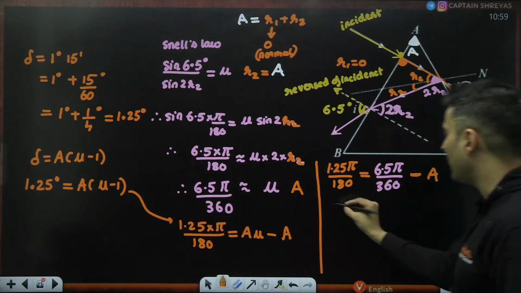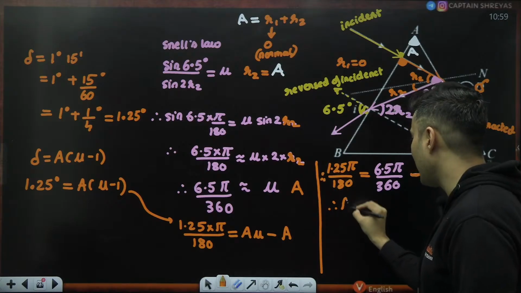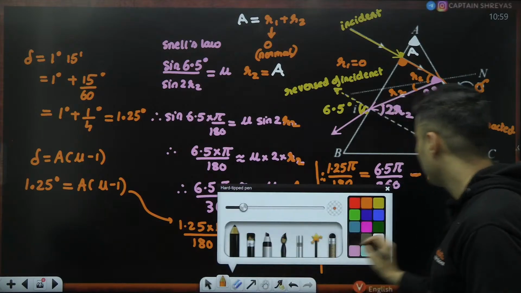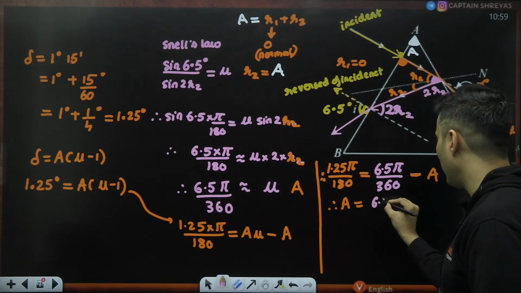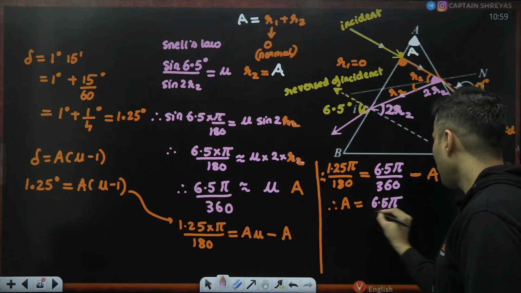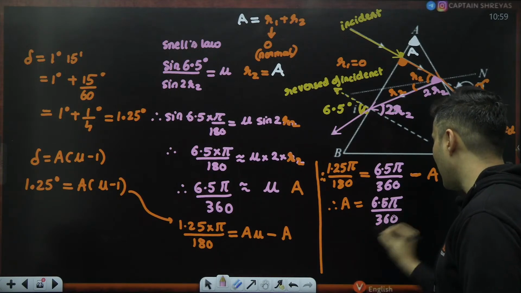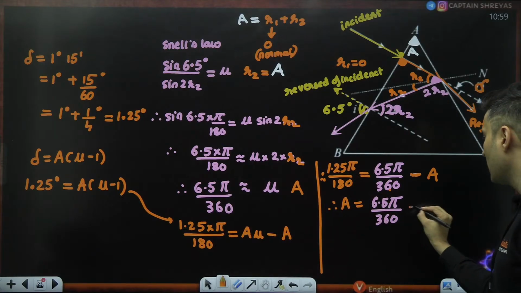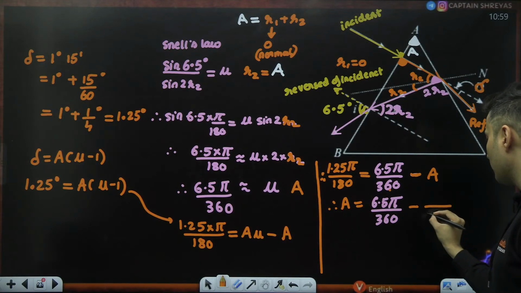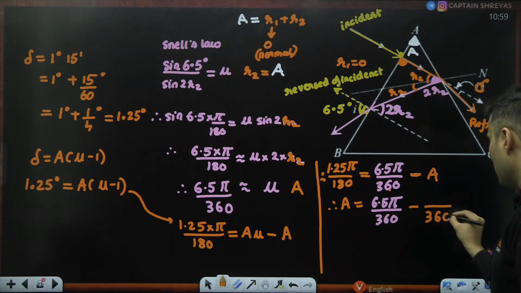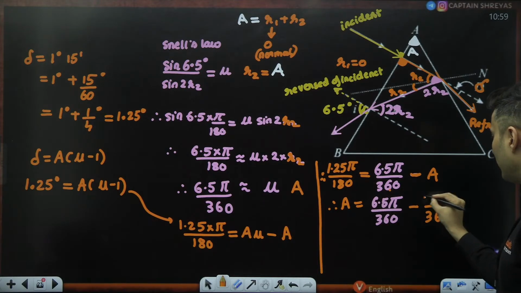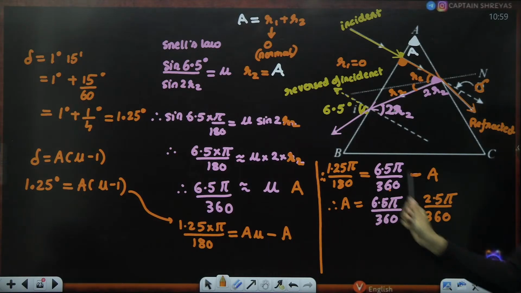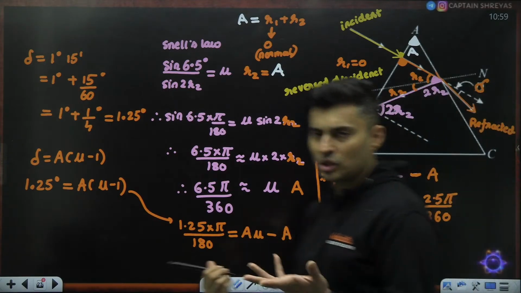So from this, A will be this minus this. We will have 6.5 pi divided by 360 as it is, and this will go on this side, but keep the denominator the same. So I will make it 360 over here, and this will become 2.5 so that I can subtract easily. I just converted 180 into 360, and 1.25 into 2 becomes 2.5.